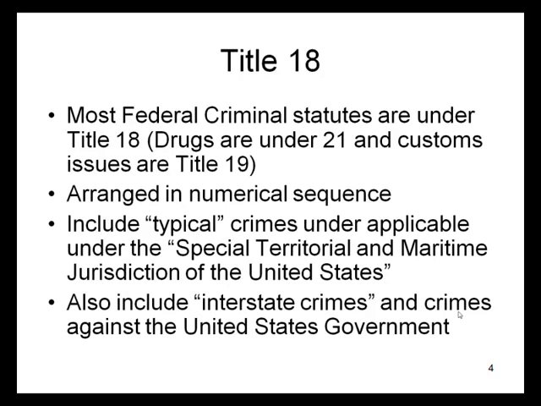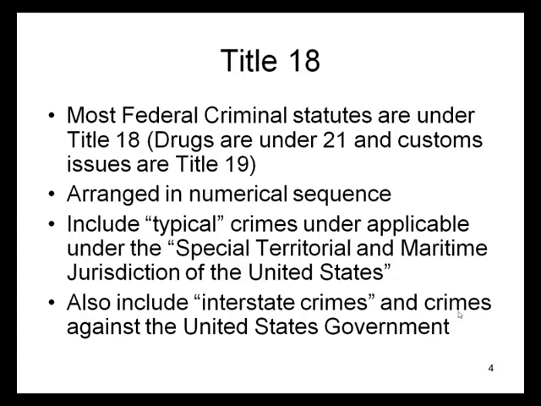The federal statutes are arranged by title, which is actually a fancy name for a book or a volume. And the majority of the federal criminal statutes are under Title 18. There are criminal statutes sprinkled throughout the rest of the federal code, as it's called.